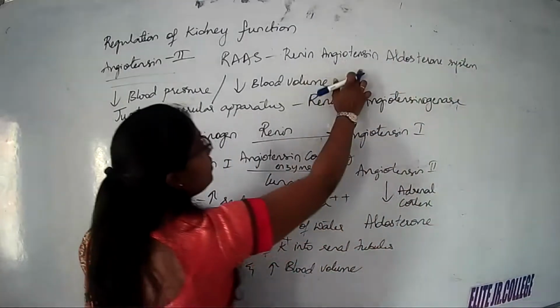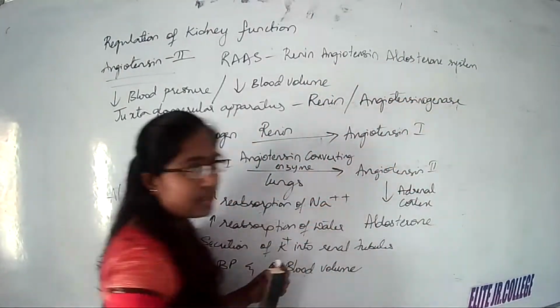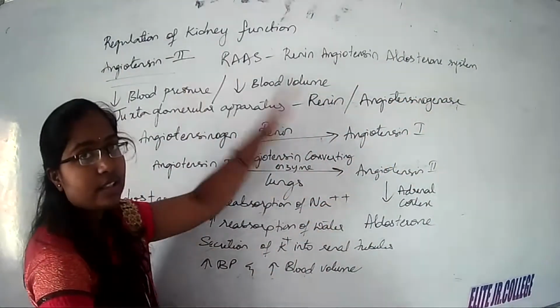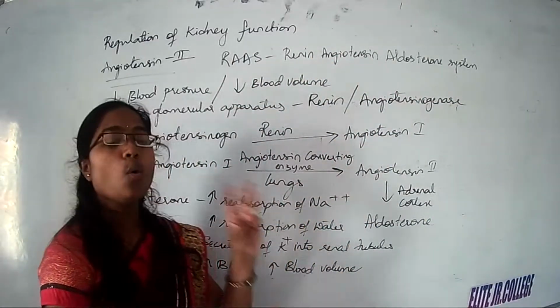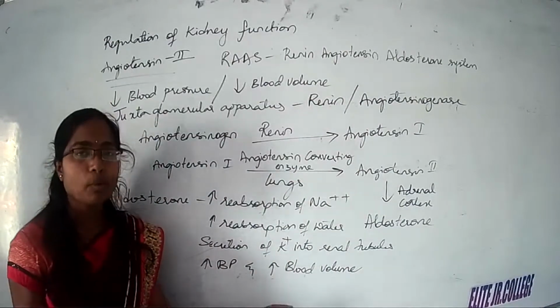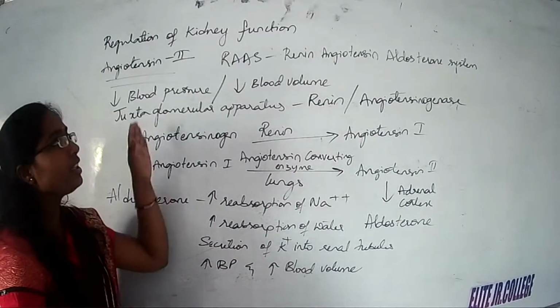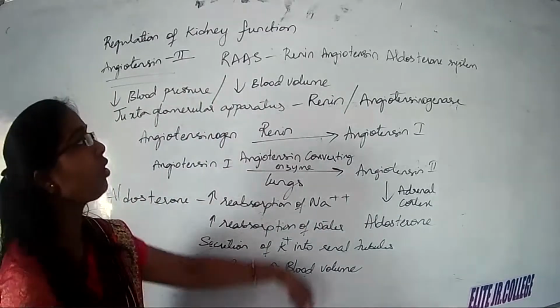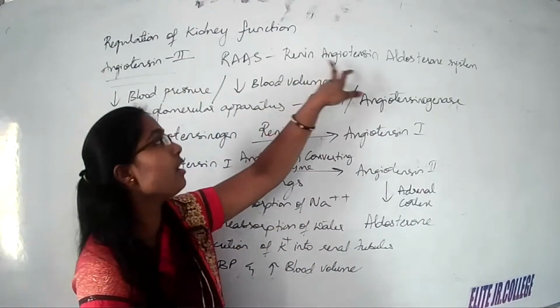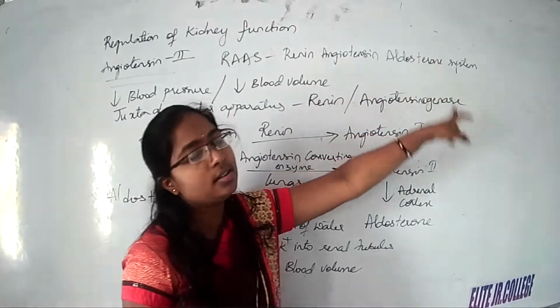All the three of them work together in order to maintain the body fluid volume. That is why they are together called as RAS, renin, angiotensin, aldosterone system.